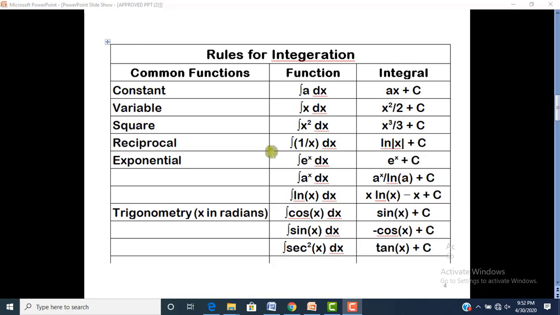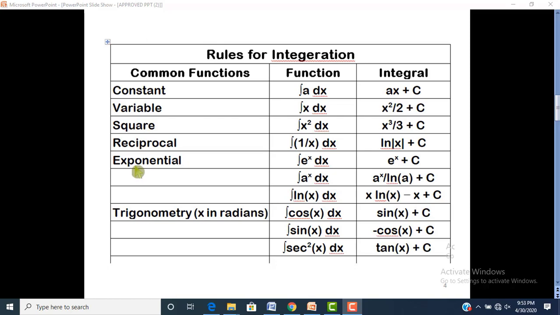For a square, integral x square dx, and the integral will be x cube divided by 3 plus c. And for a reciprocal term, integral 1 by x dx, the integral will be natural log x plus integration constant c.